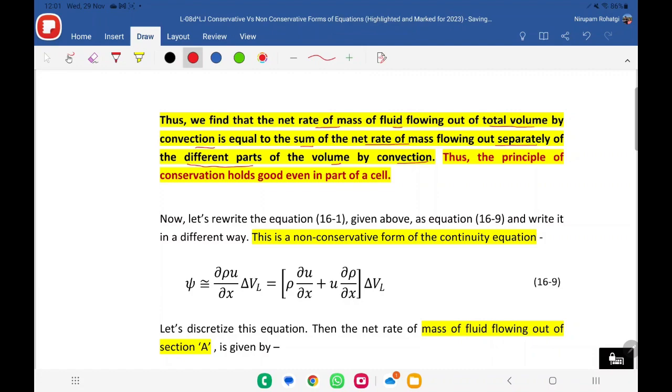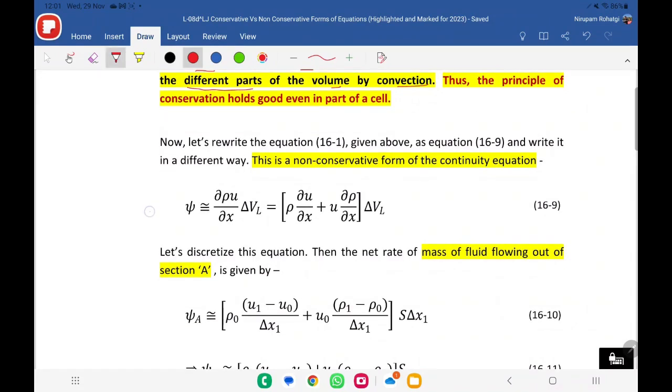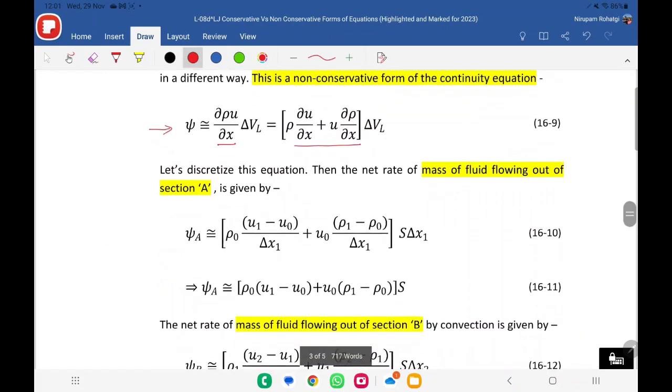You add up the flow from A, B and C, that will be equal to the flow if you take the whole 3 cells together. Okay. Now you take another form. What we are doing, we are breaking the derivative in a different form. So 2 terms will be there. Now if you want to find psi A, this term will come out like this.